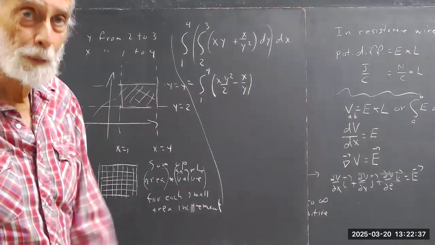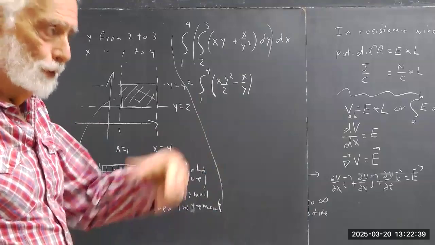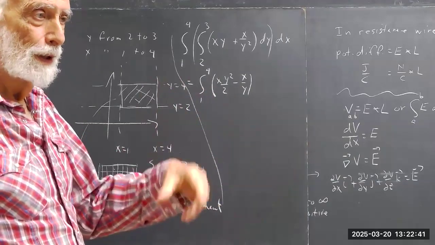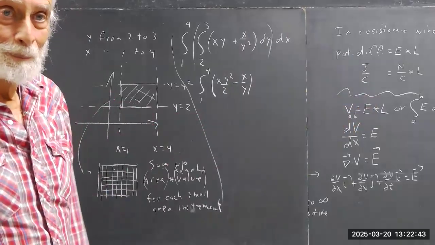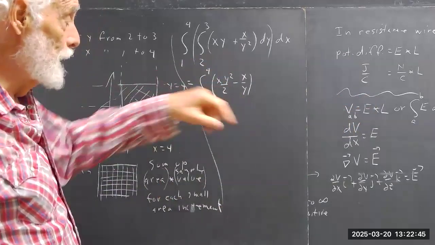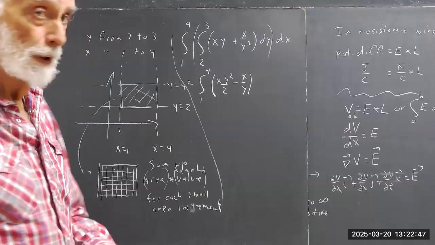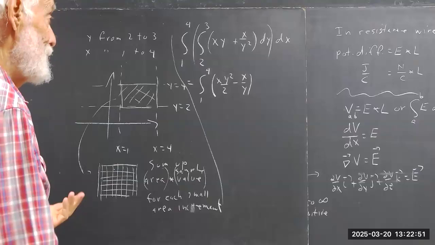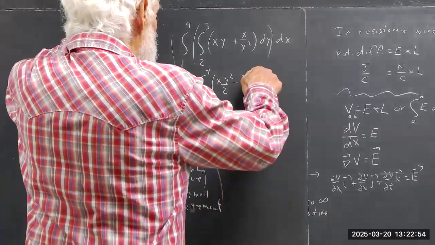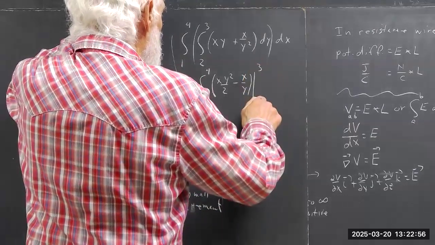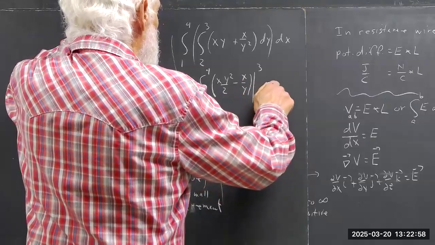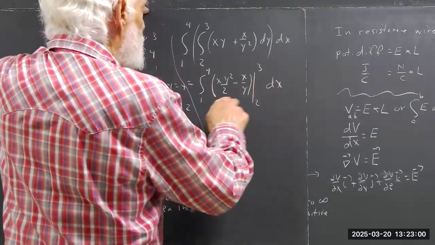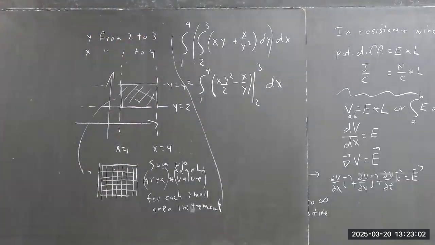Well, it's negative 1 over y squared. Derivative of y to the negative 1 is negative 1, y to the negative 2. So you check that out so you don't do any bonehead thing like you often see me do, especially when I don't check things out carefully. And then that's going to be evaluated from 2 to 3, and whatever you get from this, you're going to integrate with respect to x.